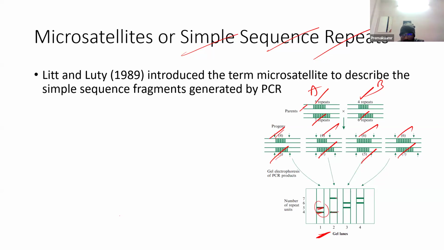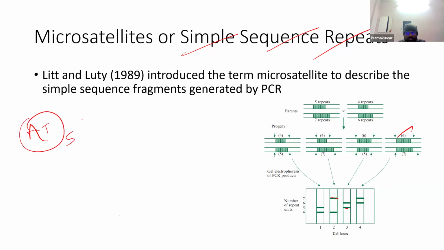Now with this system, we can differentiate all the progenies based on the number of repeats. For example, AT is repeated 5 times in parent 1, AT repeated 4 times in parent 2.